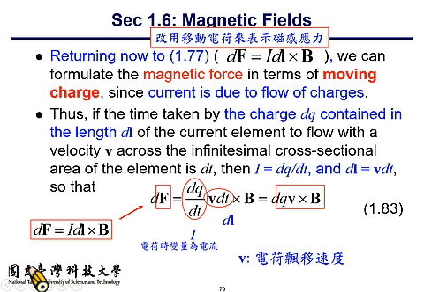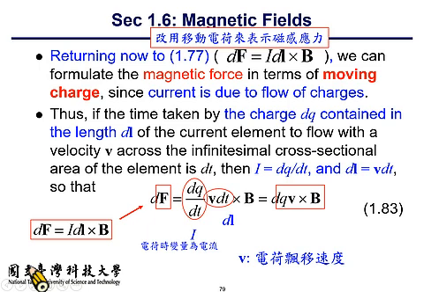The next thing is dl. dl can be imagined as v times dt. v is the velocity. The velocity times time, dt, a short period of time, equals the distance moved in this short period.